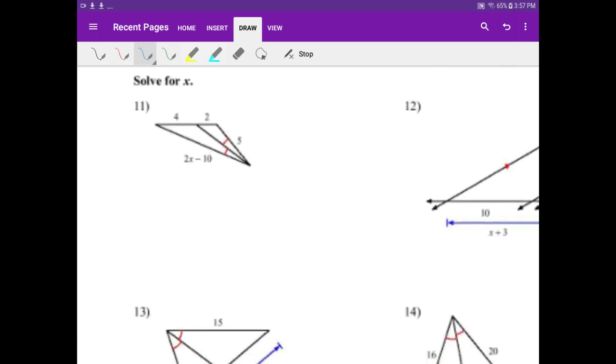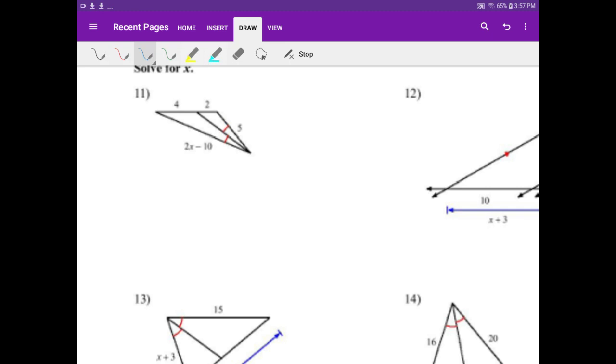Let's go into these solve for x ones, because these are the more complex ones. So here's the red divided by the blue. So you have 2x minus 10 divided by, I'll make this black, 2x minus 10, and then 5 are the red ones.